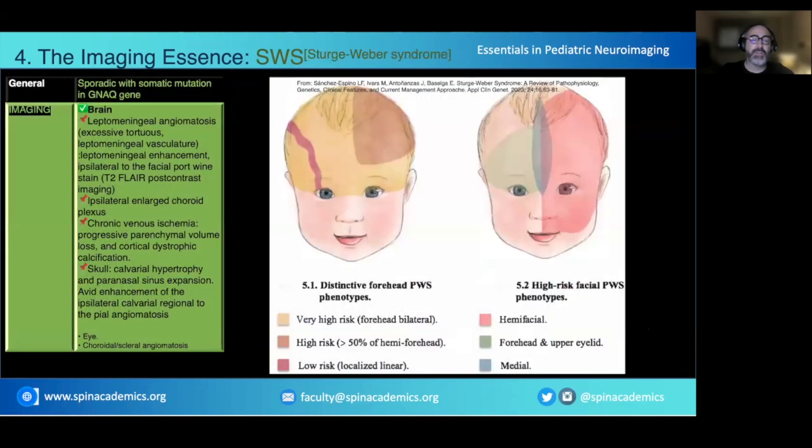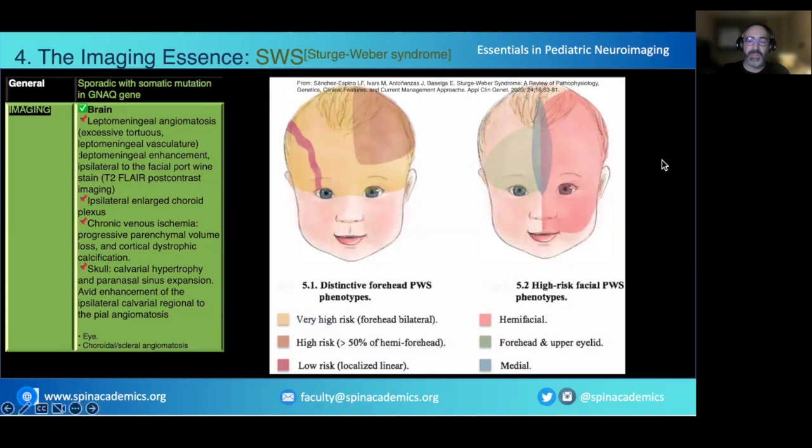The other main issue is the Sturge-Weber syndrome, which is an encephalocraniocutaneous leptomeningeal disease. The main characteristic is the facial port-wine stain, which is located in a dermatomal way, and it depends on the location. The risk of developing Sturge-Weber syndrome is higher.